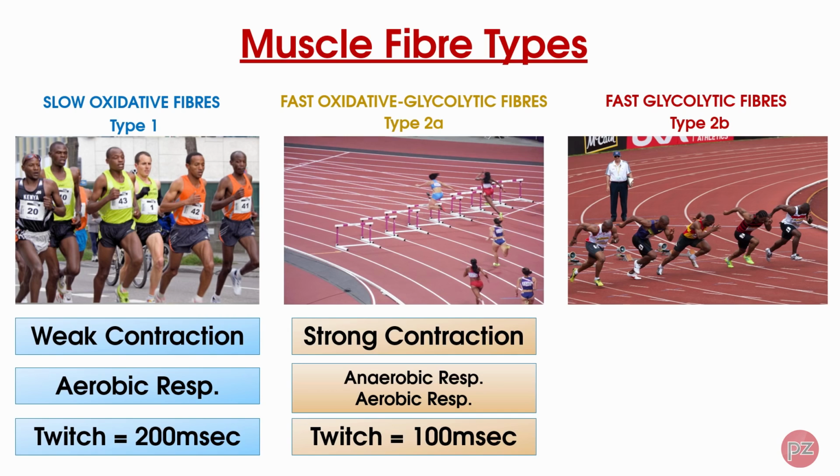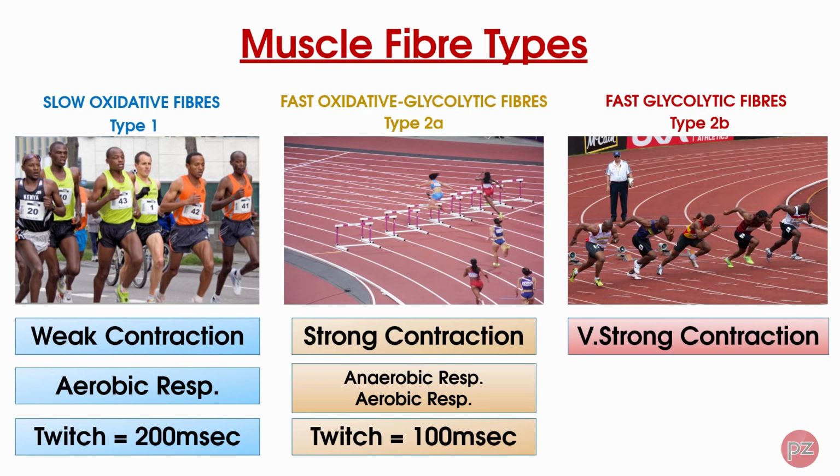Finally, we have the fast glycolytic fibers, the type 2B fibers. Now, these are very large in diameter, which makes them very strong in terms of contraction. They use glycolysis in terms of their respiration. So they have lots of glycogen stores, but there's no real need for oxygen.